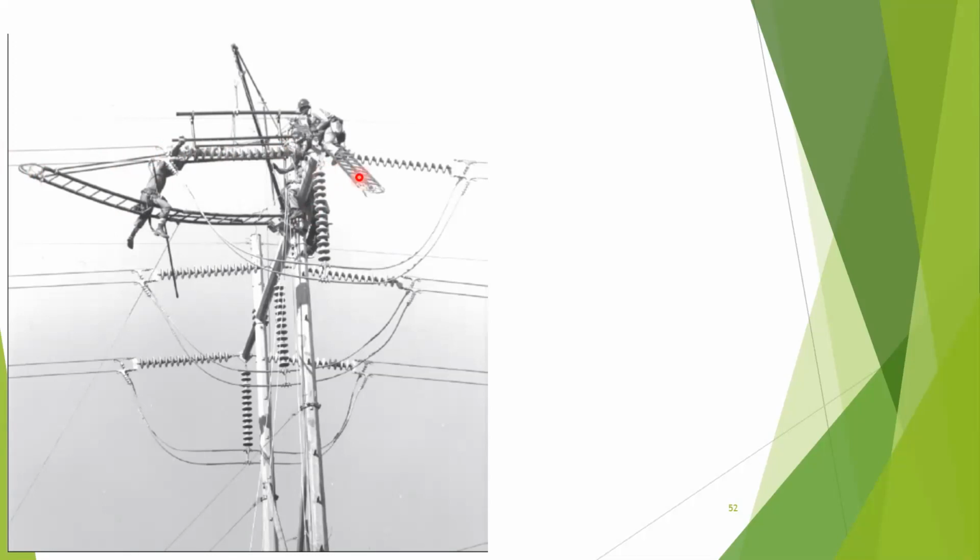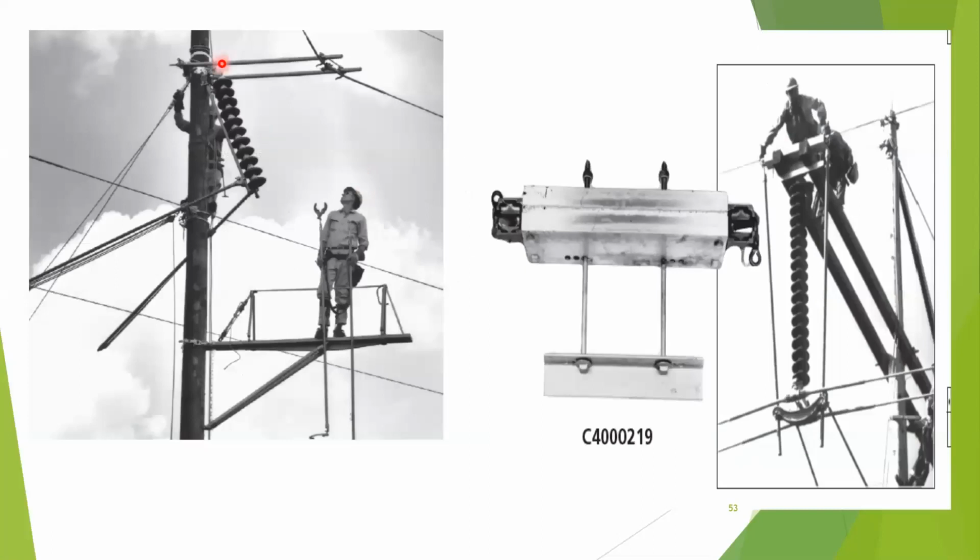What these people are doing is putting an insulator onto this conductor and trying to raise it. These are two strain poles with the insulator cradle. They are going to raise it up to here and connect it. And here also is a suspension point.